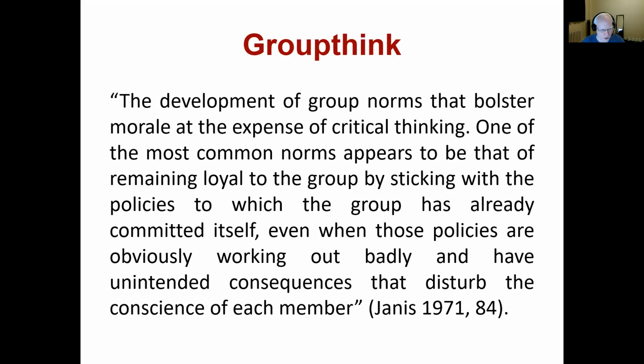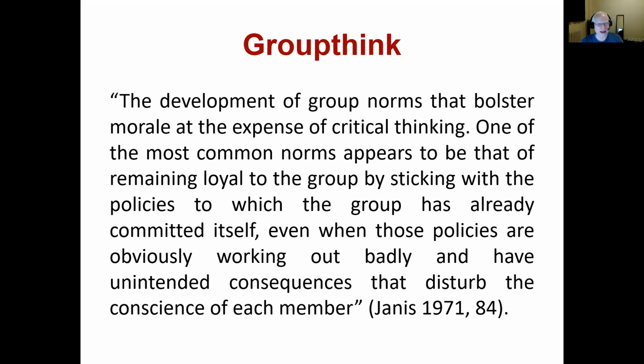Groupthink, which was developed by Irving Janis, or by Janis and Mann in the early 1970s, is another model for how groups make decisions. So bureaucratic politics was more where you stand depends on where you sit.